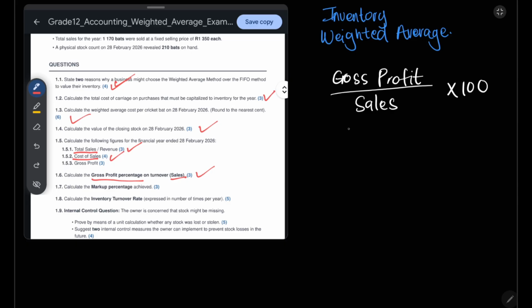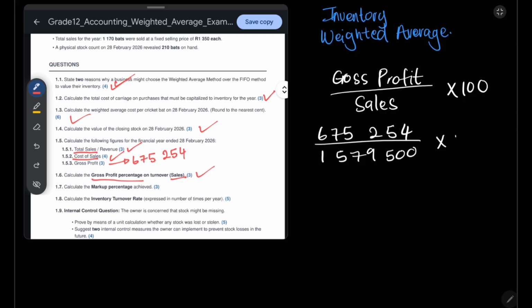Our gross profit is 675,254 over our sales, and we said that our sales are 1,579,500 times 100. So when you punch that in a calculator, your answer should be 42.75%. Now let's move to the next question. We have markup percentage achieved.